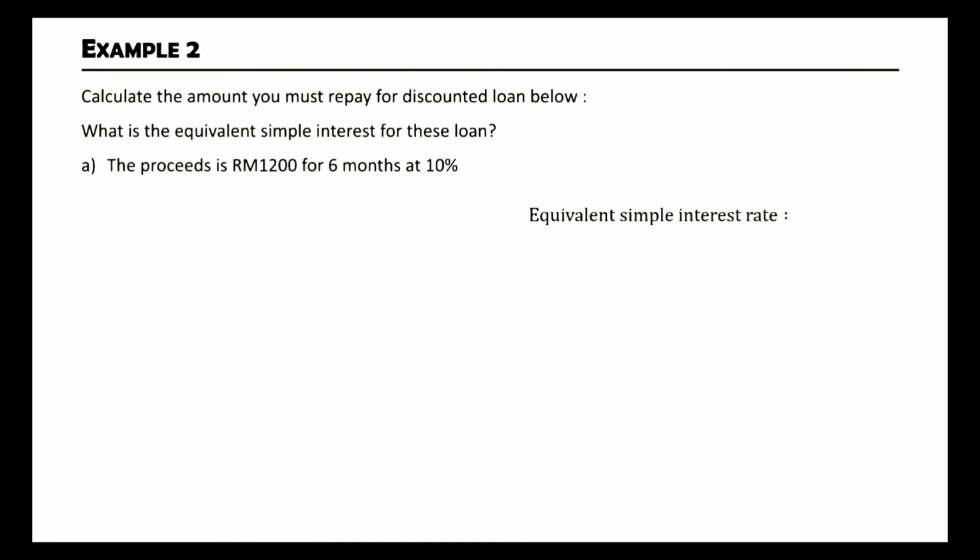Second example, calculate the amount you must repay for the discount loan below and what is the equivalent simple interest for this loan. The proceed is RM 1200 for 6 months at 10%. This is proceed, this is t, this is the discount rate. So we have proceed equal to 1200, t is 6 over 12 and d is 0.1. The amount we must repay is S, which is what we're looking for, and proceed equal to S times (1 - dt).